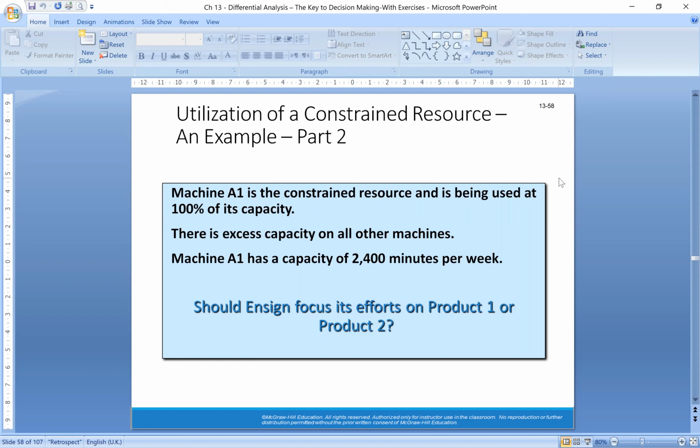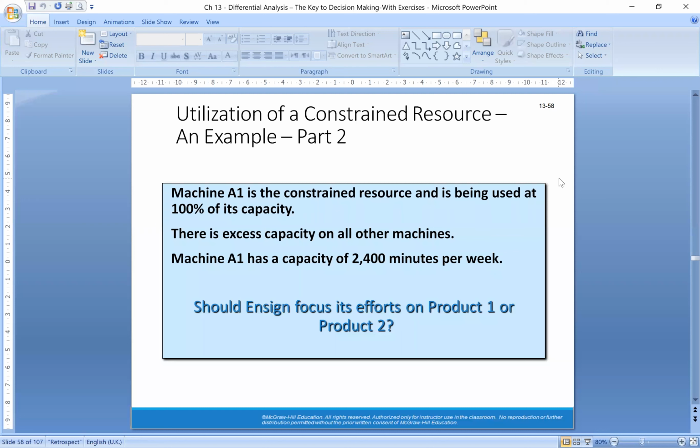There is excess capacity in all other machines, but for this specific machine, we have a limited resource. Machine A1 has a capacity of 2,400 minutes per week. Should Ensign focus its efforts on product 1 or product 2?